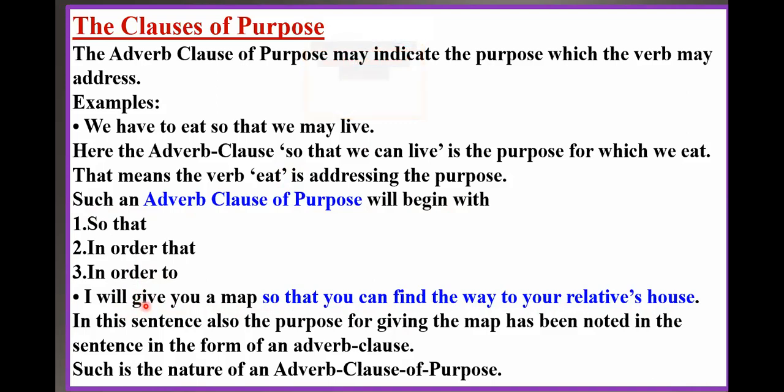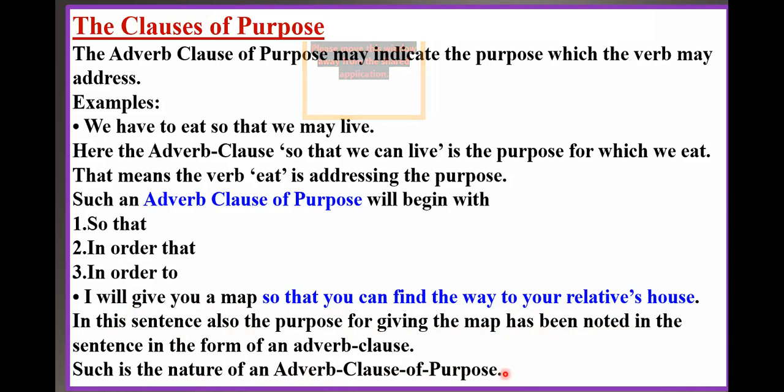It's always going to explain a verb. So that you can find the way to your relative's house. What is my purpose to give you this map? So this is called the clause of purpose. In this sentence also, the purpose for giving the map has been noted in the form of an adverb clause. Such is the nature of an adverb clause of purpose.